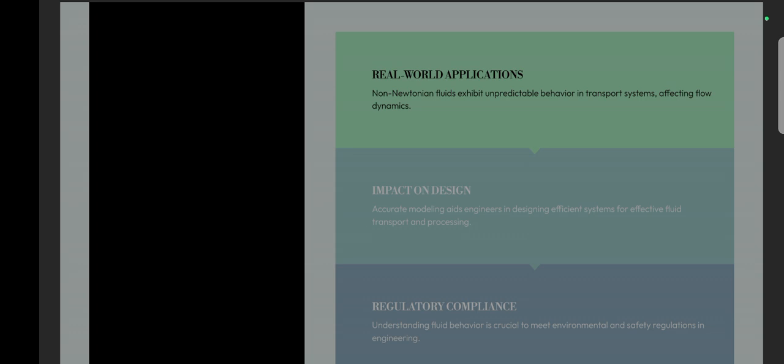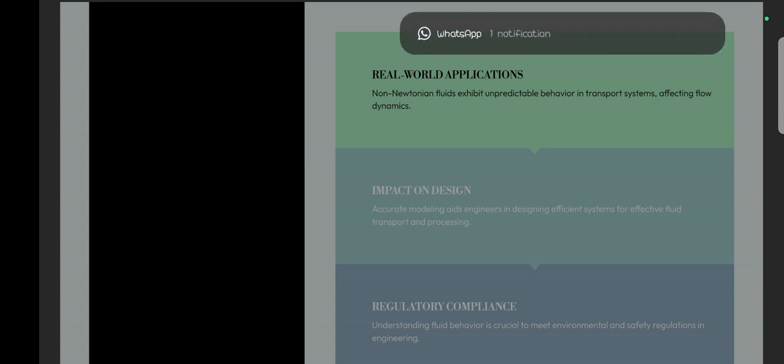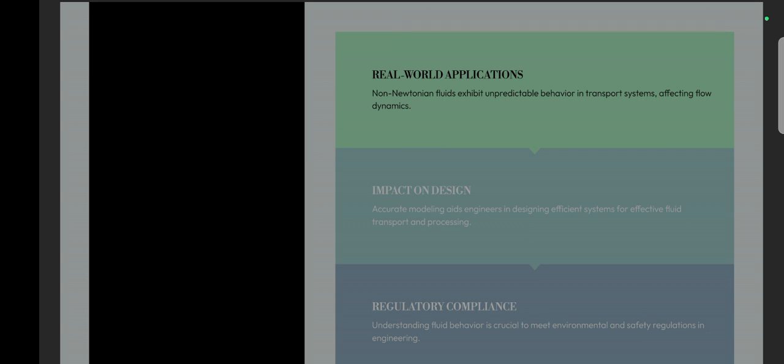And second one, optimization in equipment design. Space fractional models enable engineers to design equipment that is optimized for non-Newtonian fluids. Third one, improved manufacturing processes.